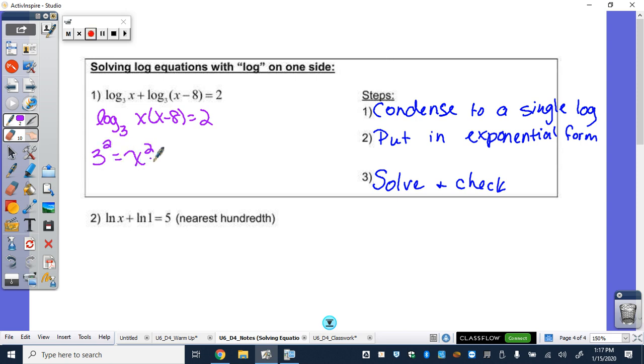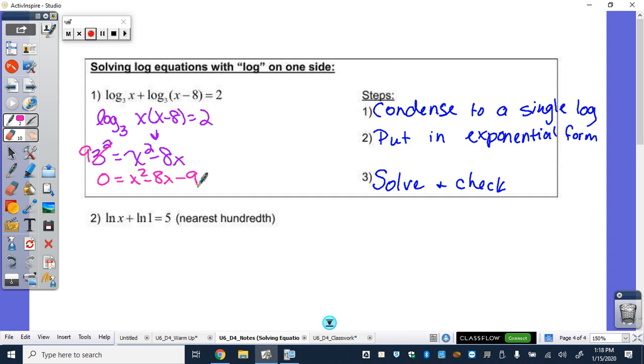And it's going to equal x squared minus 8x when I distribute. Yes, because it was minus 8. So 3 squared is really a 9. So I'm going to change that to a 9. So then I'm going to subtract my 9 over, because again, we are going to factor. So 0 equals x squared minus 8x minus 9.